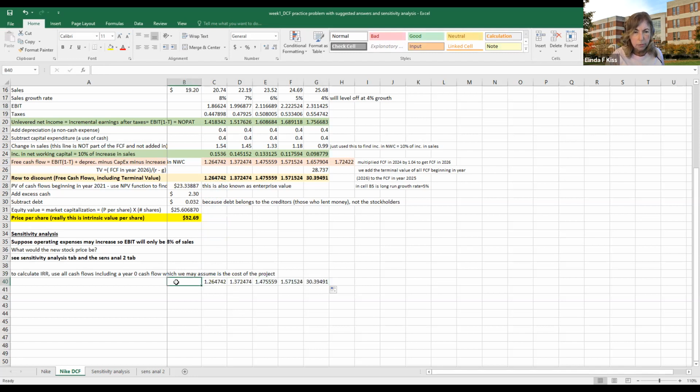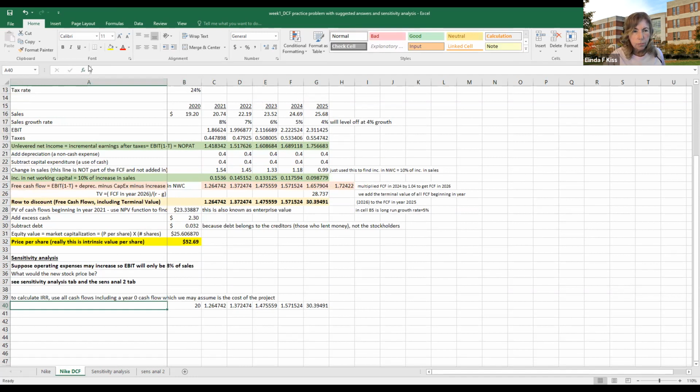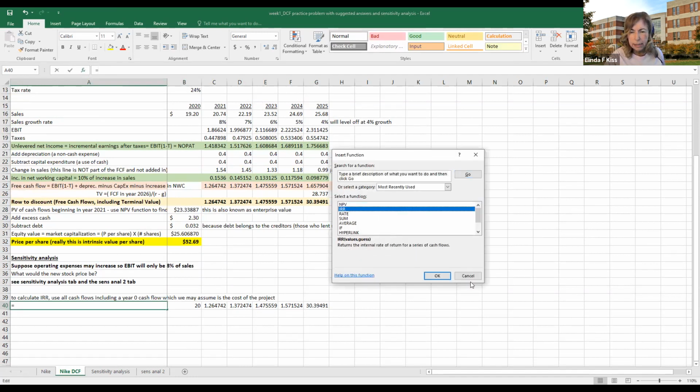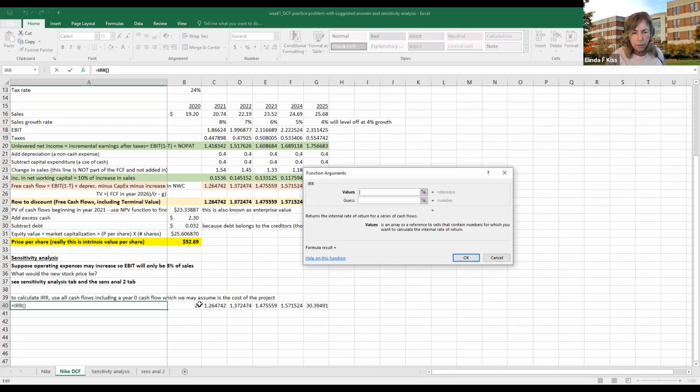So suppose that you pay 20 billion to buy Nike, the whole company. Of course, we're not doing that, but I'm just going to put in a number to use the IRR function. So we go to function and we go to IRR, and I've done it recently, so it's right there. And now we put in all the values.